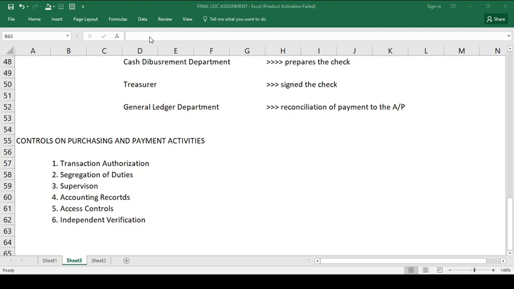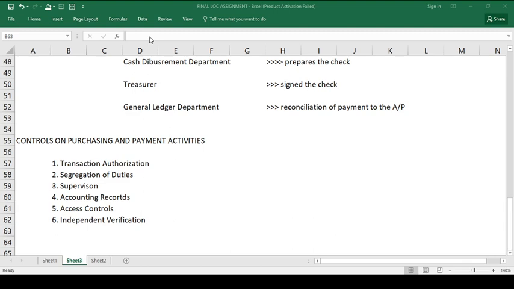For example, the treasurer, before he signs the check, can easily verify whether the documents attached to that check are valid, legitimate, and approved already. So if it will provide an independent verification on the part of the treasurer, that is a good control for the purchasing and payment activities.